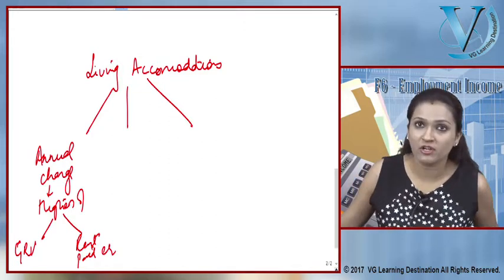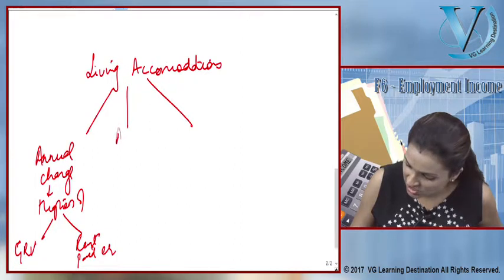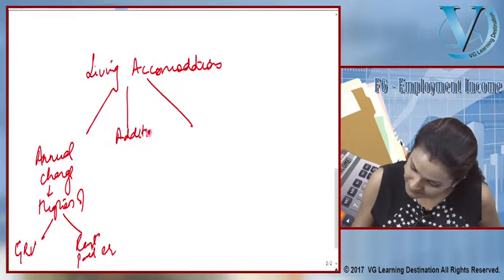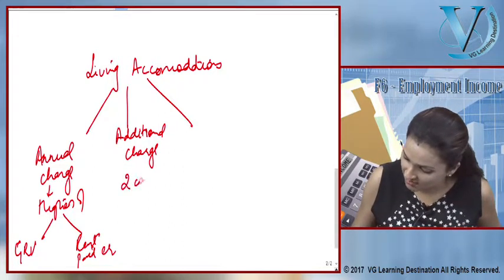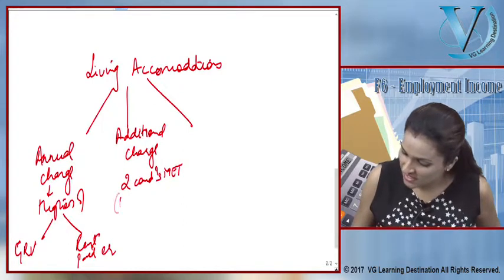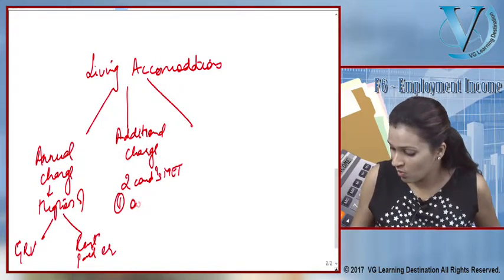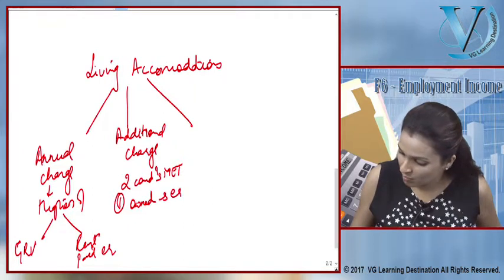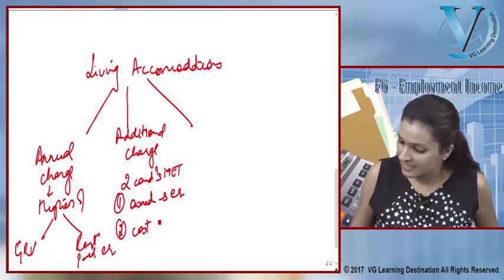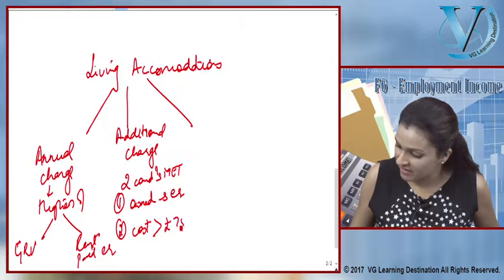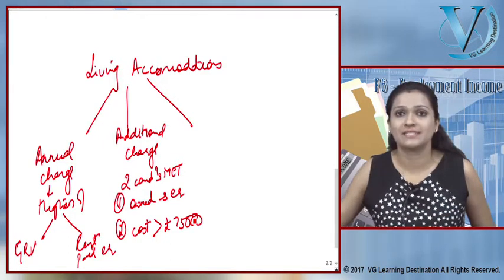Also, thereafter you would be charged an additional charge. This additional charge would be paid if two conditions are met. What are the two conditions? That the accommodation must be owned by the employer and the cost of this said accommodation needs to be greater than £75,000 to start off with.